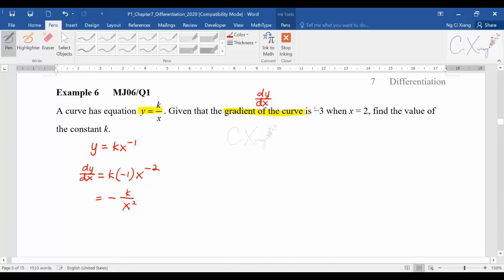Then we come back to the information given in the question. It tells you that dy/dx is -3 when x equals 2. So I let dy/dx equal -3 when x is 2. That means the x here you need to substitute with the value 2. Then very easily you can get the answer of k, which is 12.